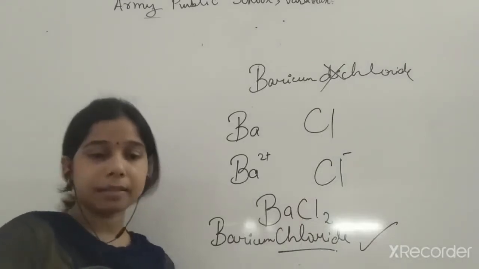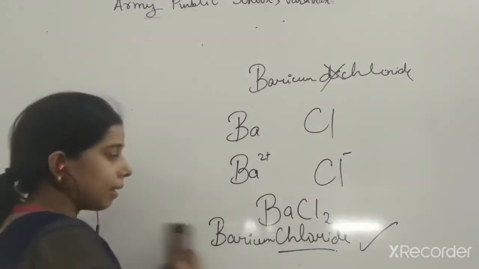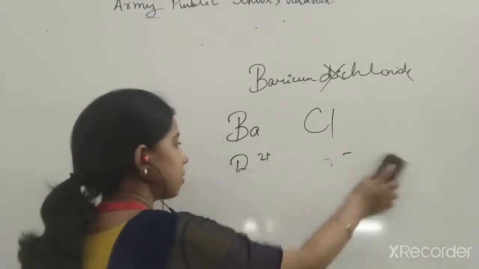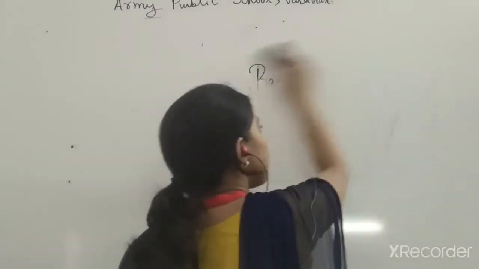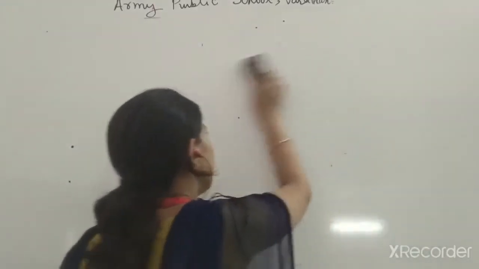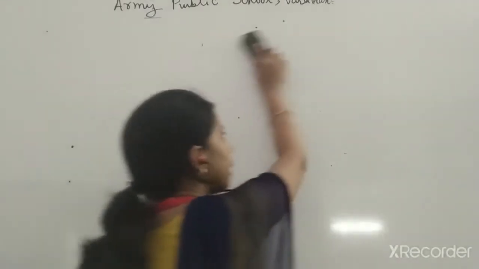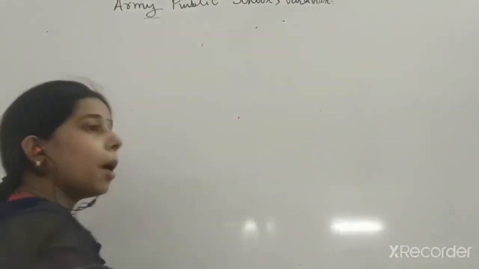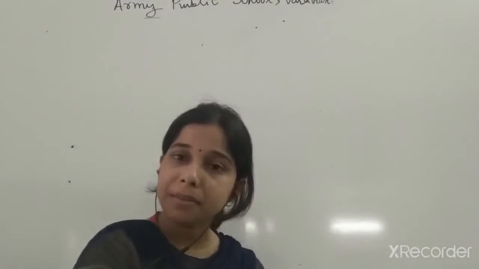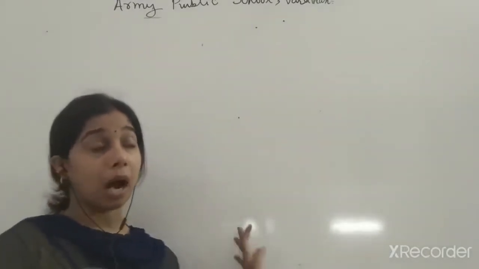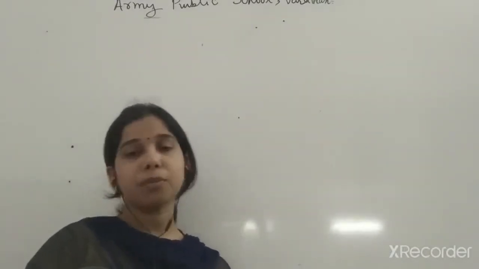Now we will understand a very important term, and that is the molecular mass, students. We have studied the atomic mass, how we can find the mass of atoms. Now we will study how we can find the mass of molecules.